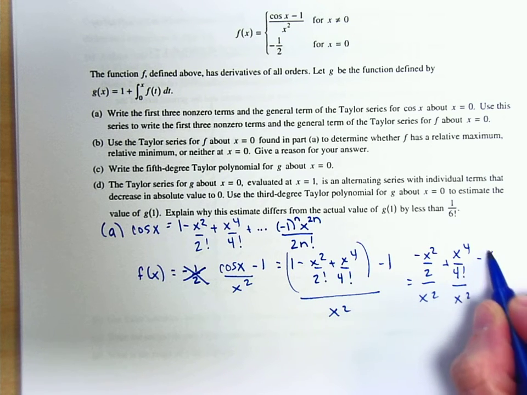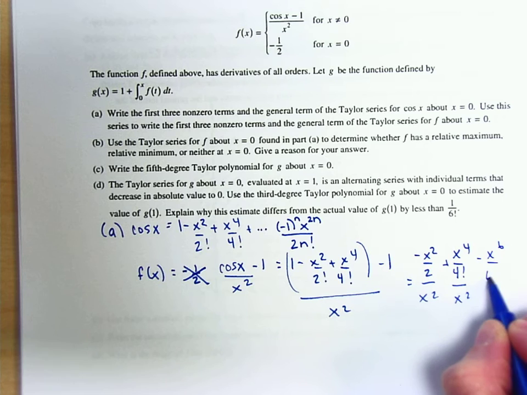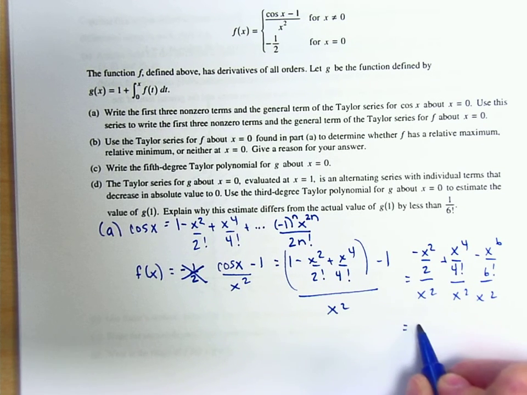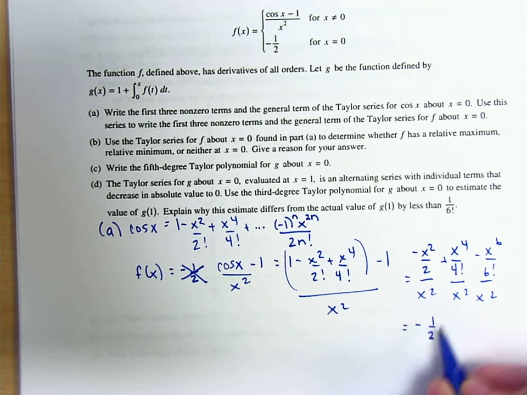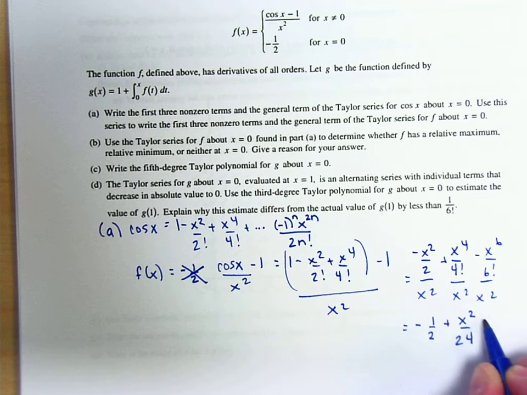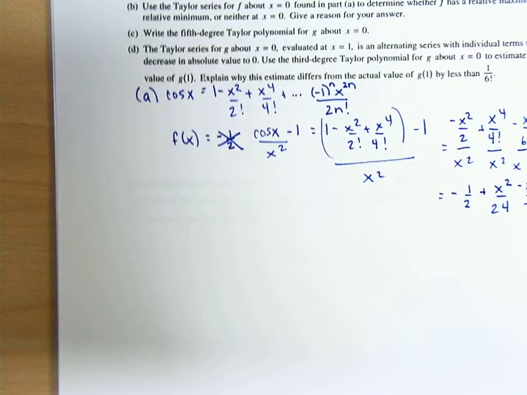The next one would be minus x to the 6 over 6 factorial all over x squared. If we simplify this, it boils down to minus a half plus x squared over 24 minus x to the fourth over 720. So there's our first three terms.